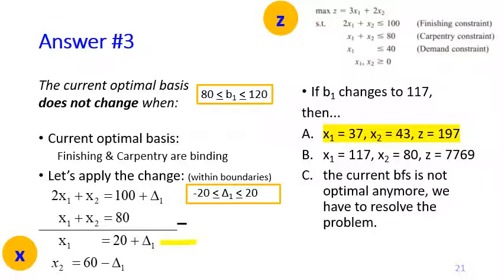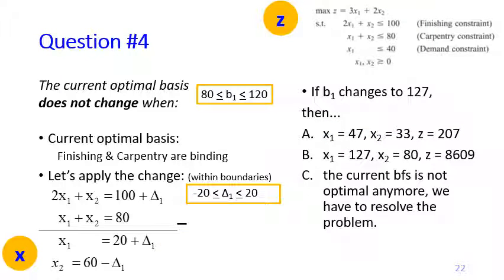From here we can see that x1 equals 20 plus delta 1, so 20 plus 17 equals 37. x2 equals 60 minus delta 1, so 60 minus 17 equals 43, and then you may compute the new z value using this equation, 3x1 plus 2x2.